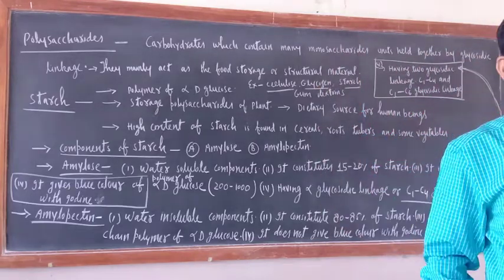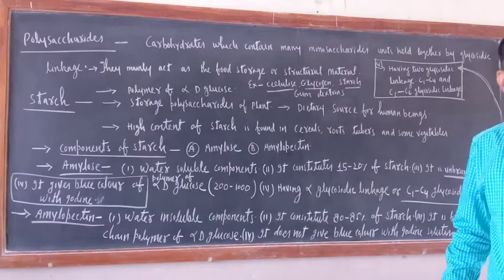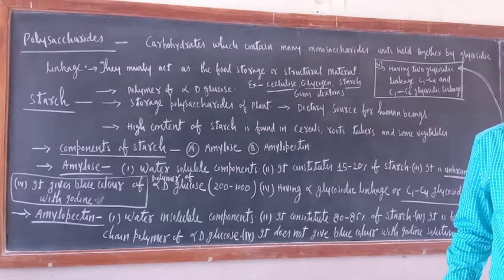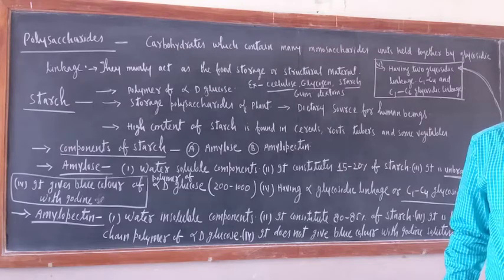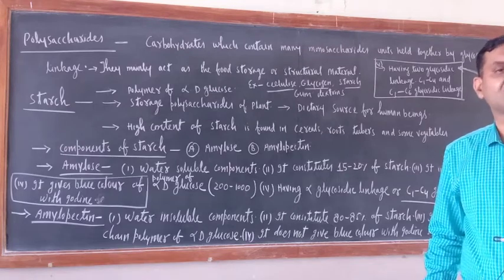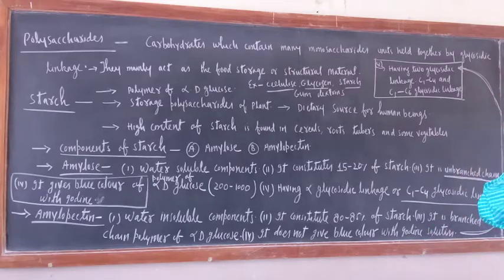C1 C4 is responsible for making the straight chain, but C1 and C6 is responsible for branching, and both are there in amylopectin. While in case of amylose, only one glycosidic linkage is there, that is C1 C4. Okay, so by making one, very easily we will come to know about both.